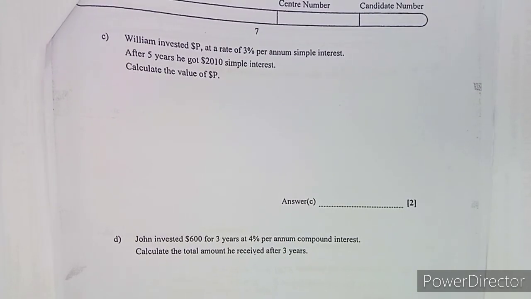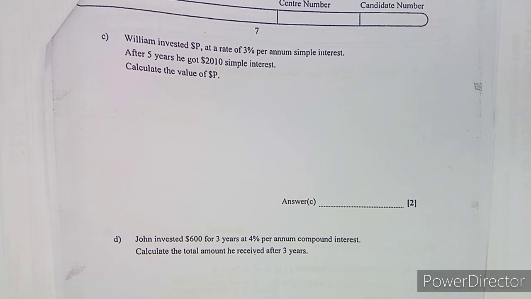Okay, we are given William invested P dollars at a rate of 3% per annum simple interest. After 5 years, he got $2,010 simple interest. Calculate the value of P, which is the principal in this case.